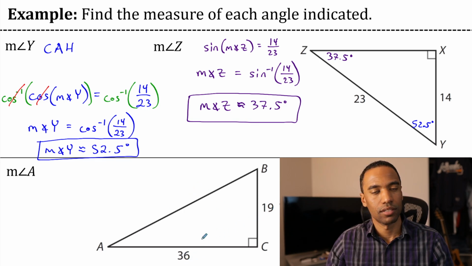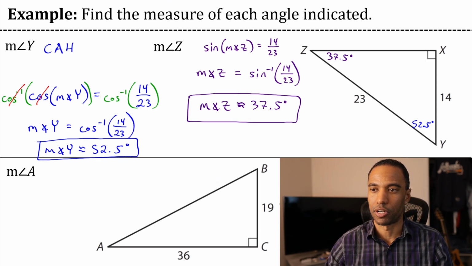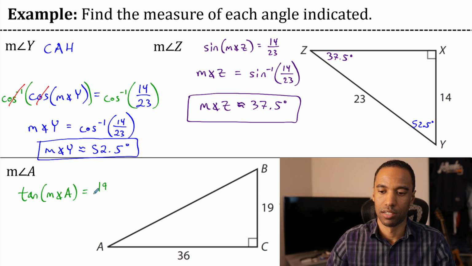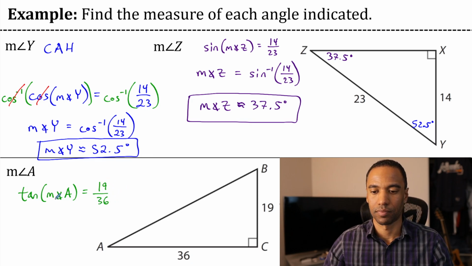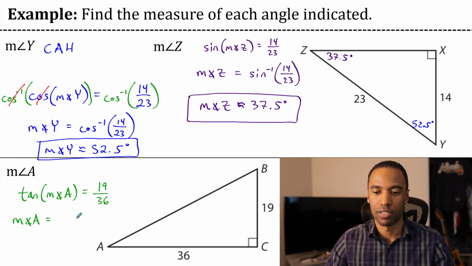Opposite and adjacent, we use tangent. So let's give that one a shot. The tangent of the measure of angle A equals 19 over 36. So the inverse tangent of both sides will get measure of angle A by itself, and we're going to be taking the inverse tangent of 19 over 36.